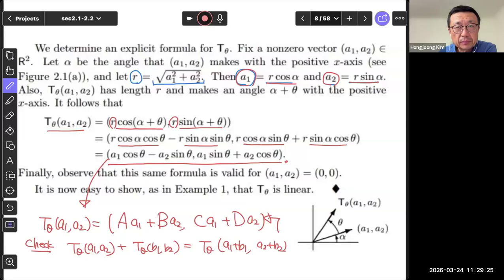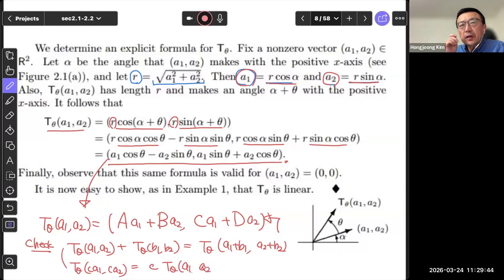if your t sub theta is defined in this way. Also, t sub theta of c times a1 and c times a2 can be written as c times t sub theta of a1 and a2. So you can easily check this. Okay?